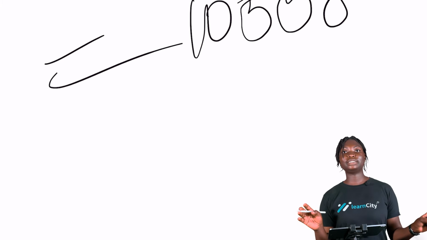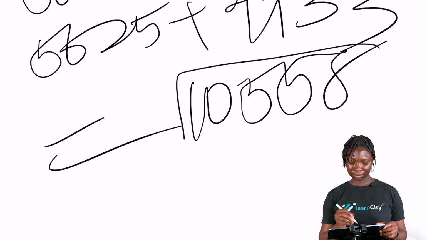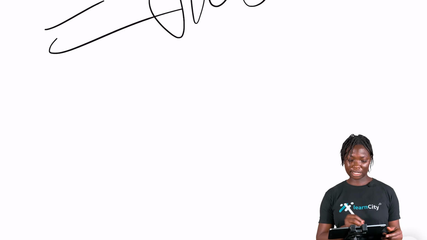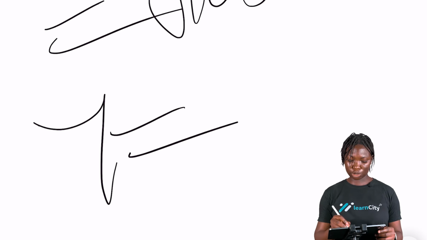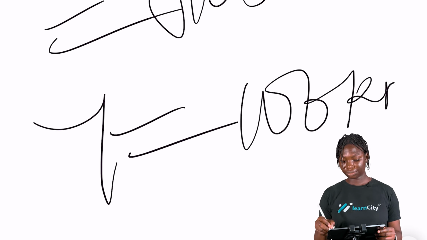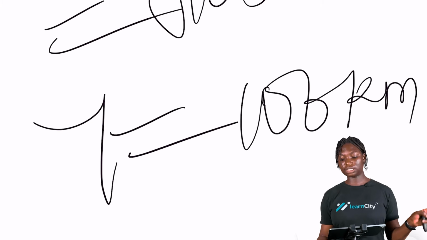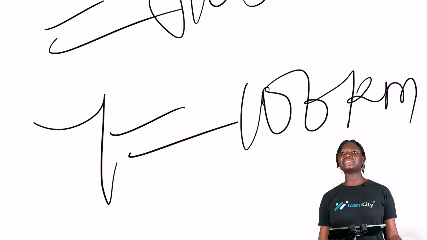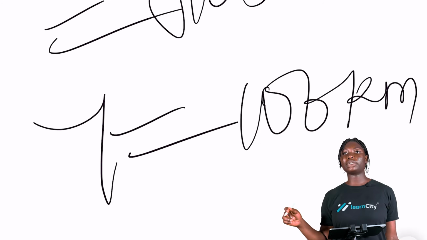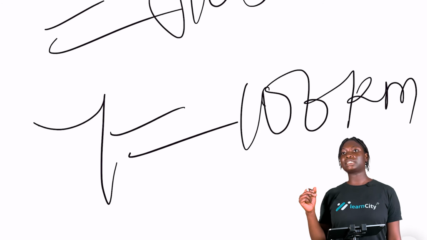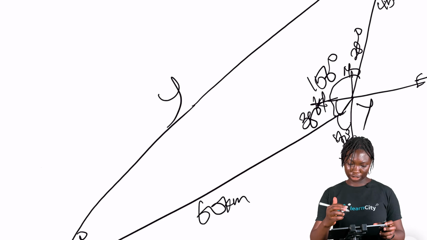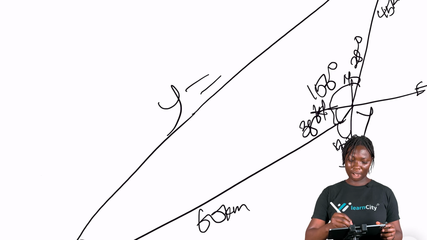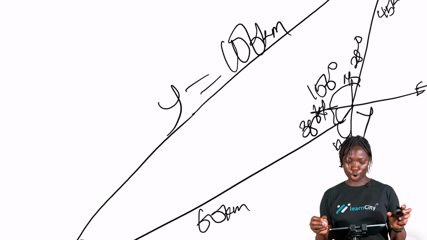Now, to find the square root of this, y will give us 106 kilometers. So the distance from the starting point is 106 kilometers. That is our starting point.